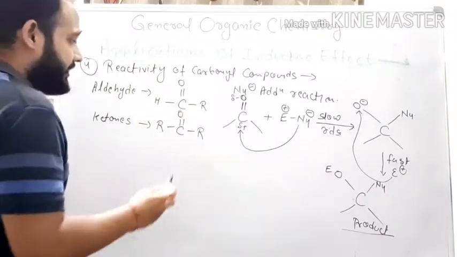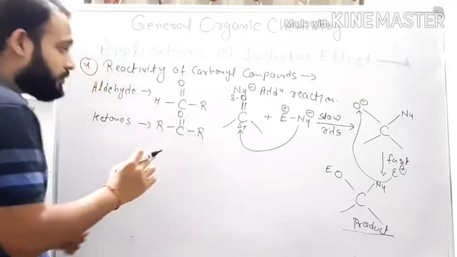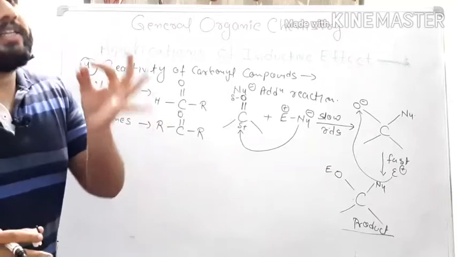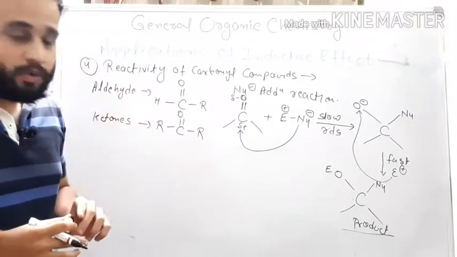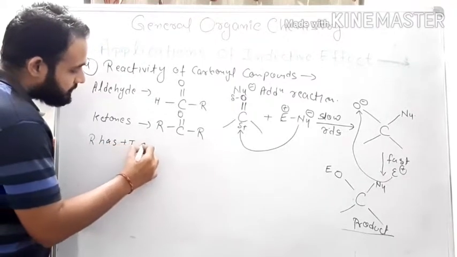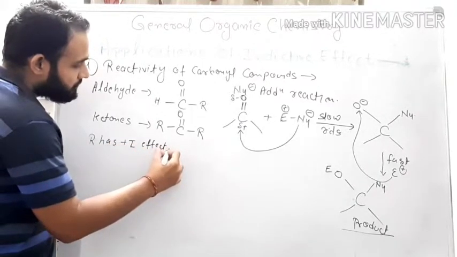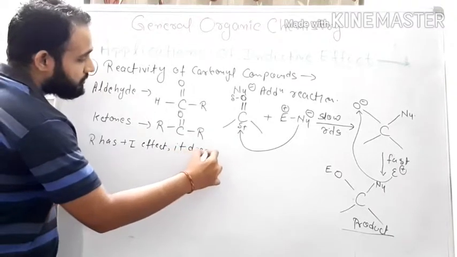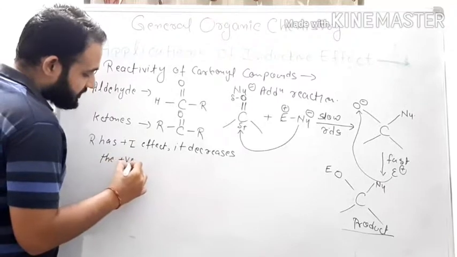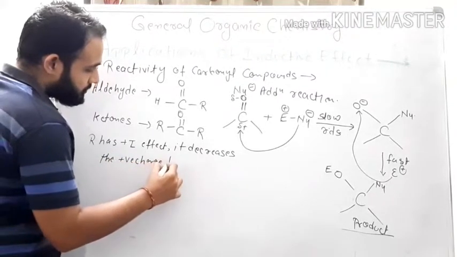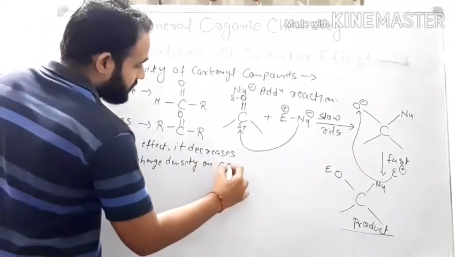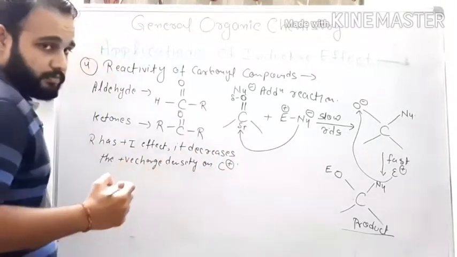Now you know that the alkyl group has a plus I effect, so it decreases the positive charge density on the carbon atom.